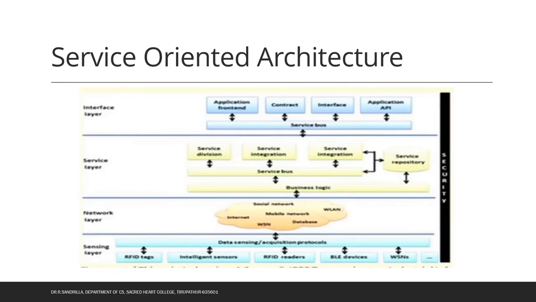Next we have service-oriented architecture. Here we have four layers, namely the sensing layer, network layer, service layer, and finally the interface layer. The diagrammatic representation of service-oriented architecture is depicted here. In the bottommost layer, we have the sensing layer, whose prime responsibility is data sensing and taking care of the acquiring protocols.